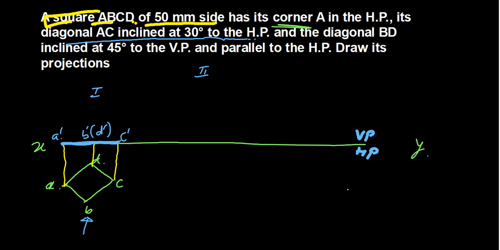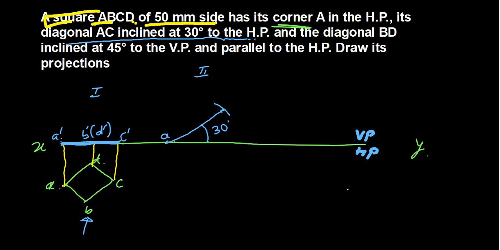So in the front view, the diagonal AC which makes inclination 30 degree, means you can start from A, whatever the distance of A to C, that distance you measure and take an angle of 30 degree. Okay, take the angle of 30 degree and measure AC and mark on this 30 degree angle.